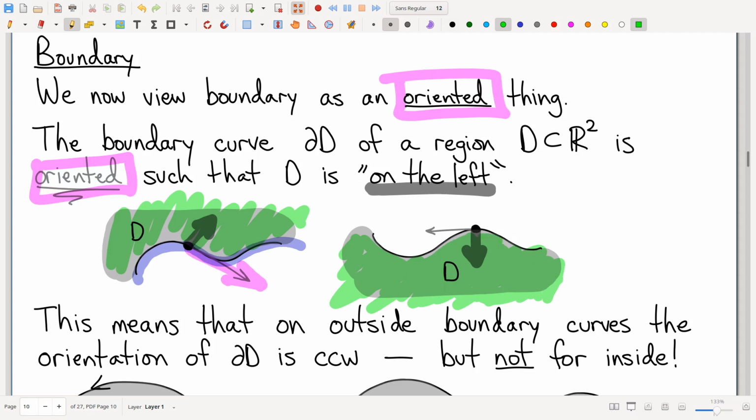I don't know why my lake is green, but anyway. There's my boundary curve. Which way do I walk? I could walk this way, or I could walk this way. Which one of these two different directions would put the lake or the pond on my left? Well, that way. As I walk in this direction, the lake is on my left. Is that cool?